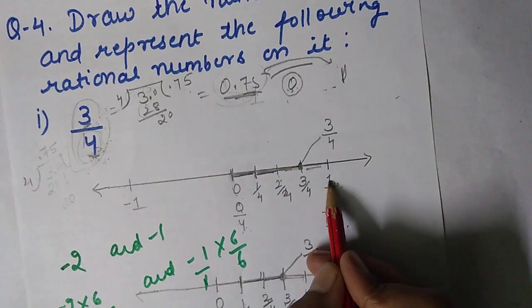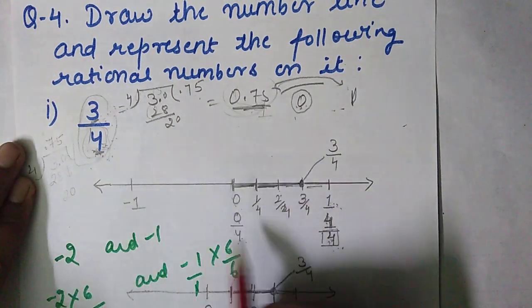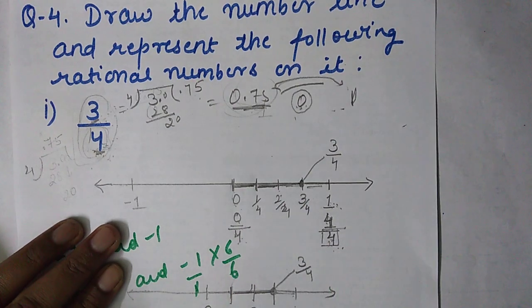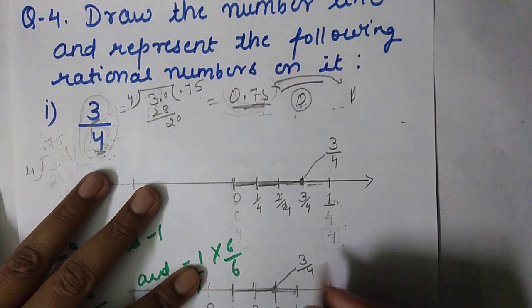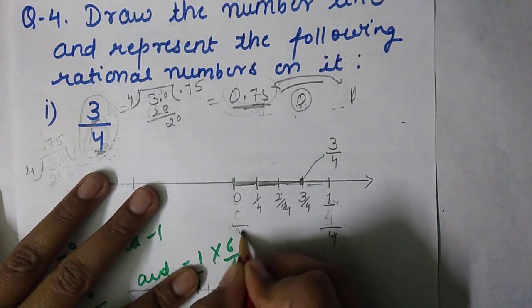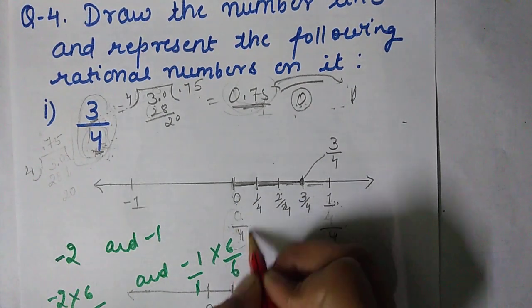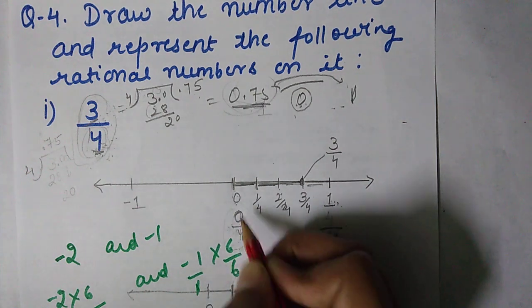Now this is 0 and this is 1. As the denominator is 4, I will write the denominator 4 here and here. Now I have to think of a numerator so that the result gives 0. So it is 0, because 0 by 4 is 0.